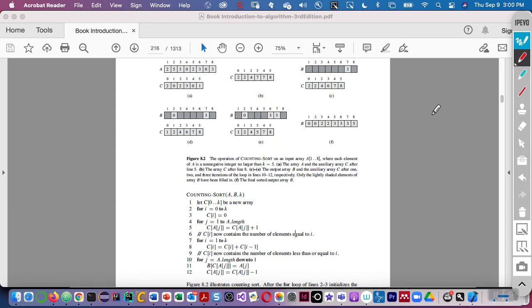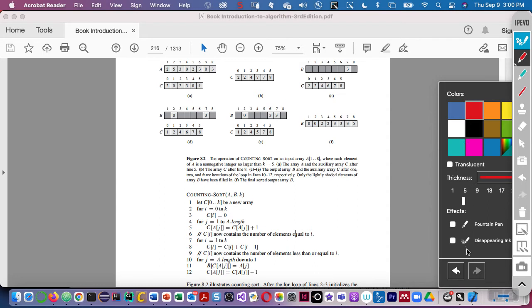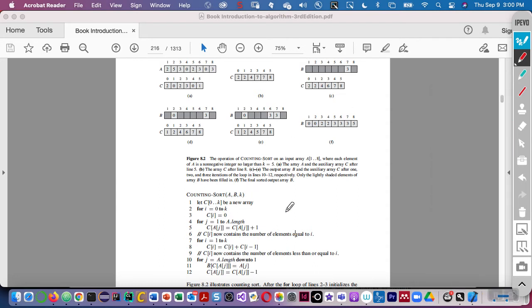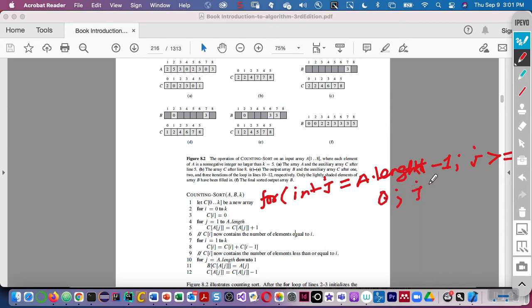If you write your program code with a for loop, then we need to say for int j equal to a dot length minus 1, j greater or equal to 0, j minus minus.